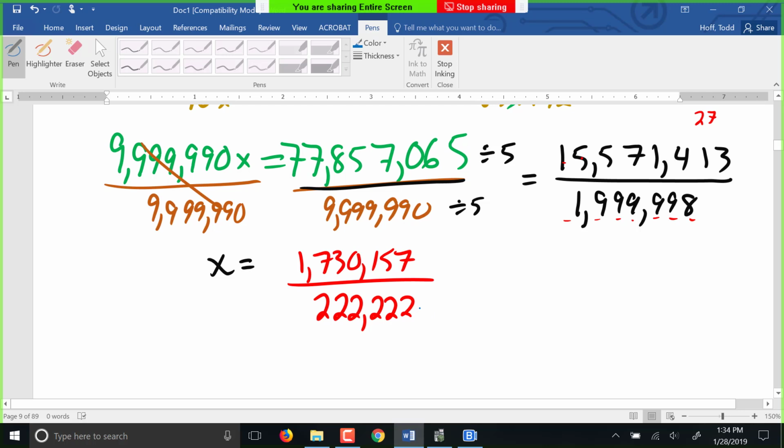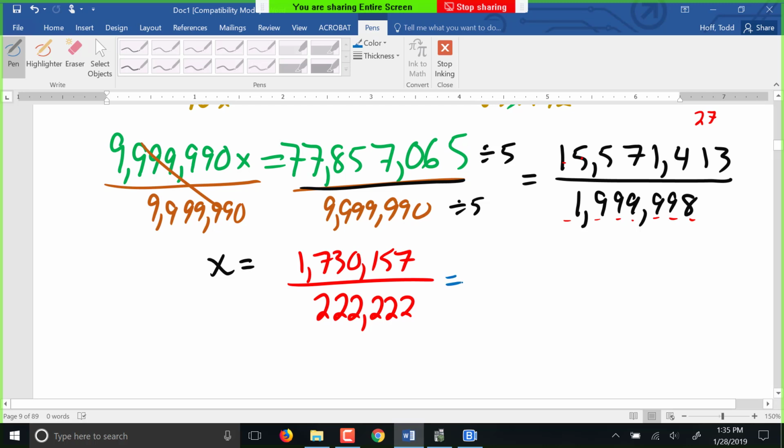That's divisible by 3, so it tells me that's divisible by 3 on bottom. That only works with 9 and 3, by the way, adding up the digits. There's other rules for the other numbers, but with 9 and 3, if the digits add up to a number divisible by 3, the whole number divides by 3. Divide by 9, the whole number divides by 9. On top, 1730157 does add up to 24, so that's divisible by 3 as well.